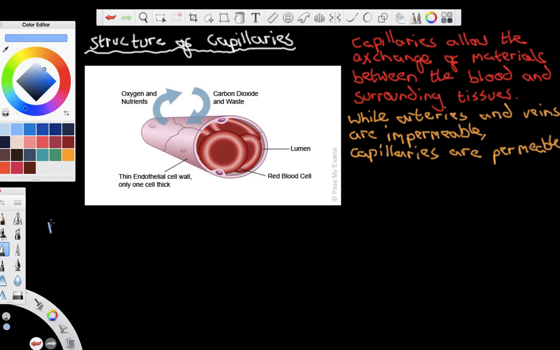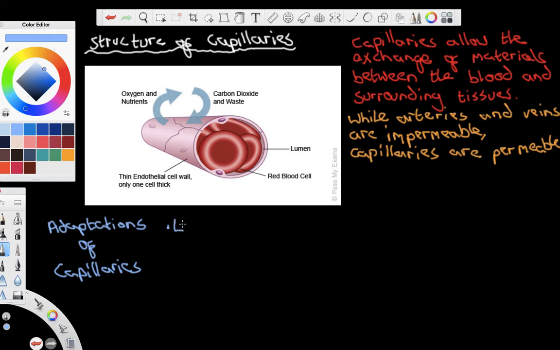Adaptations of capillaries. There are lots of them. So this increases the surface area across which diffusion can happen.